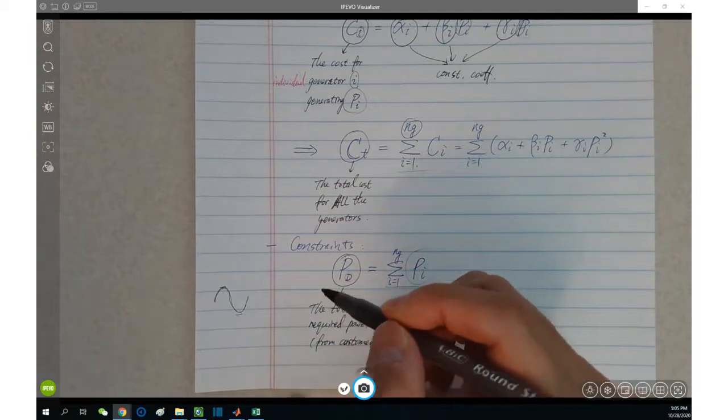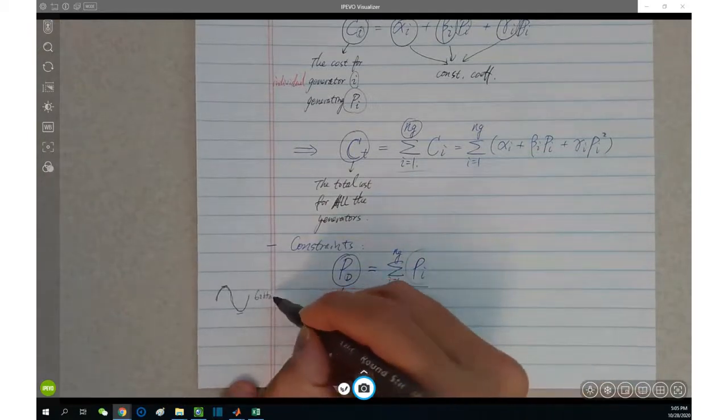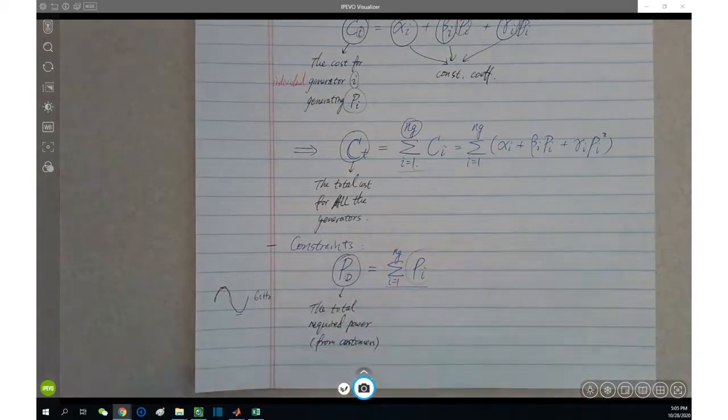You go to the outlet and receive 120 volt RMS value, voltage AC, single phase with 60 hertz, no more, no less. It's not a random amount of voltage, not a random amount of frequency. Otherwise, it's going to be a mess. So these are very strong requirements for the generated voltage.